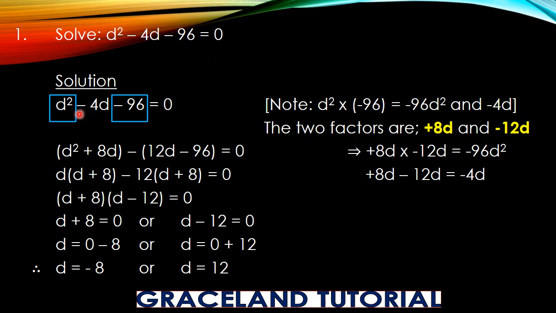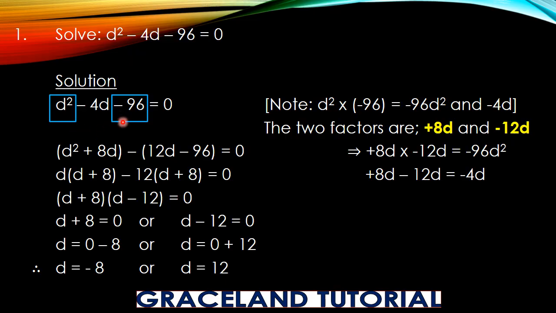Now, there are three terms in the equation: d squared, minus 4d, and minus 96. To solve this equation using factorization, multiply the first term, that is in the blue box, d squared, by the third term, which is also in the blue box, minus 96.